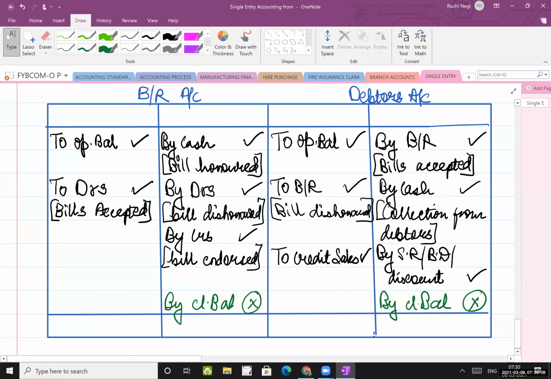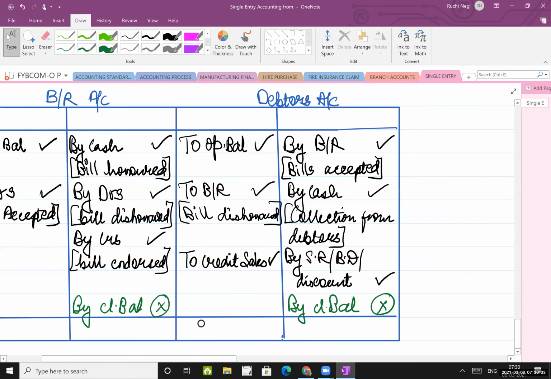I'm just showing you the relevance: what entries can be reflected under bills receivable and debtors. So these small working notes, you can be asked for 2 marks as MCQs. Okay, fine. Next.